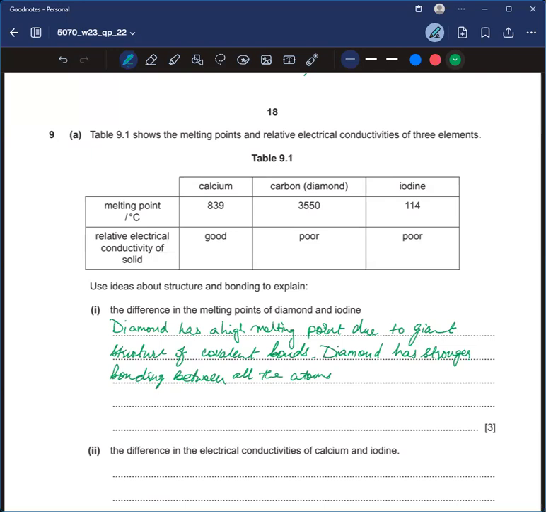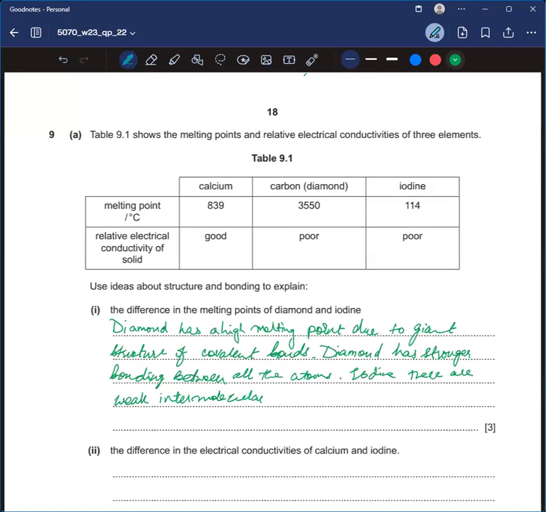However, in iodine there are weak intermolecular forces. Intermolecular forces is a general term.